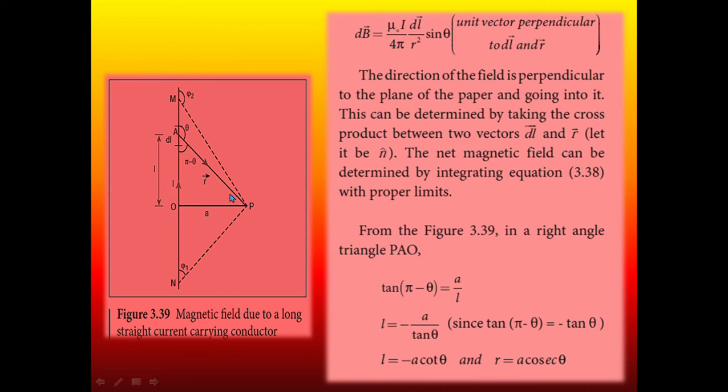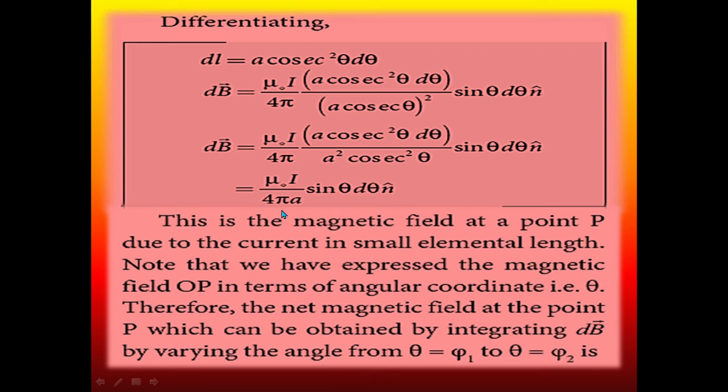And from the same right angle triangle PAO, what is the formula for cosecant theta? Cosecant theta is nothing but hypotenuse divided by opposite side. Hypotenuse is r and opposite side is a.